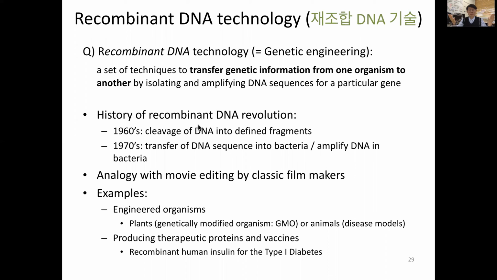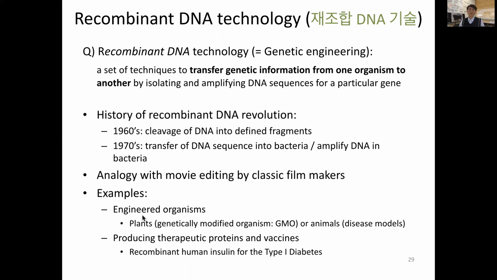It's almost similar to traditional classical movie making, because you take many films, and in some places you cut unnecessary parts out, in some places you cut something in, and you join them together. So this led to the ability to even engineer organisms.